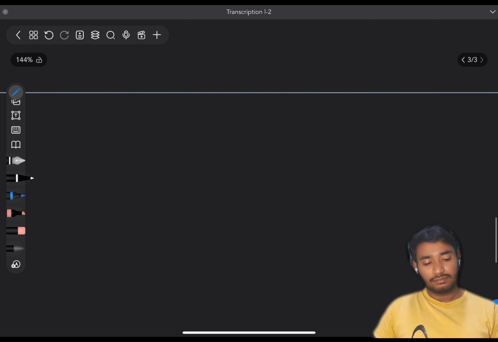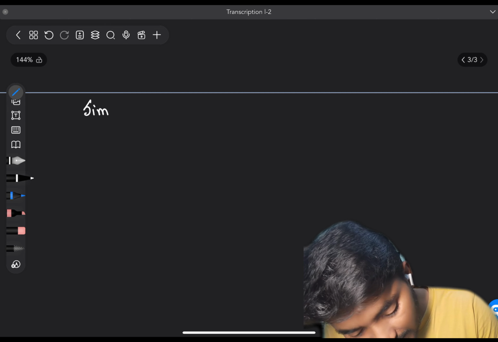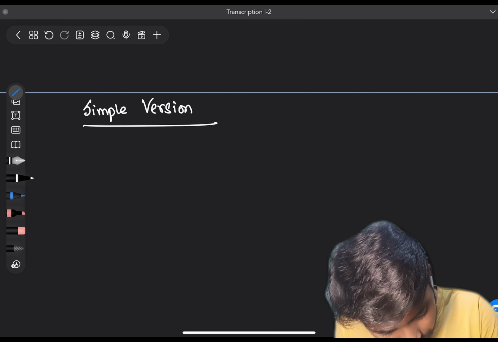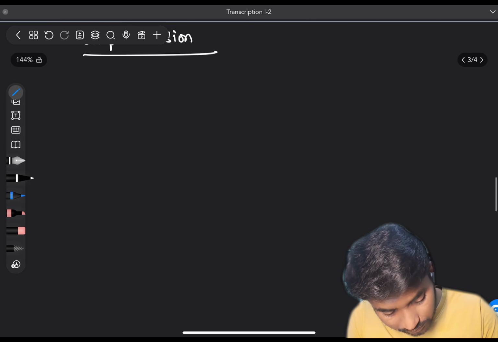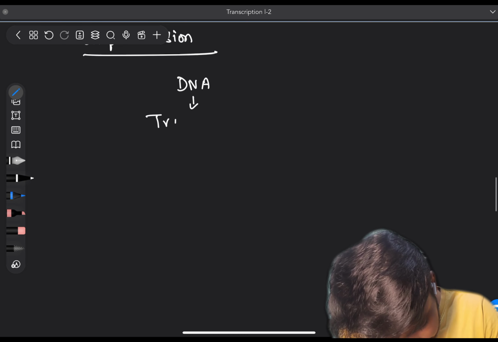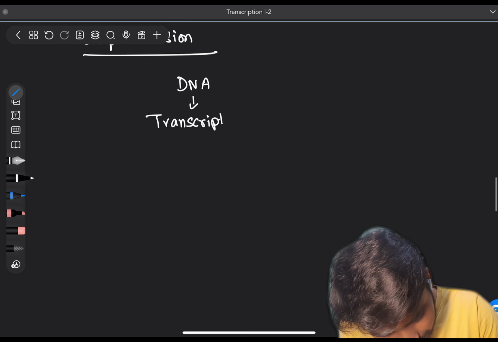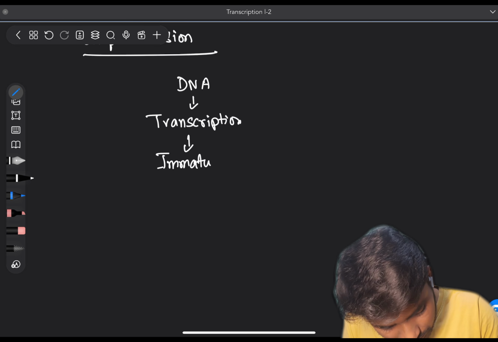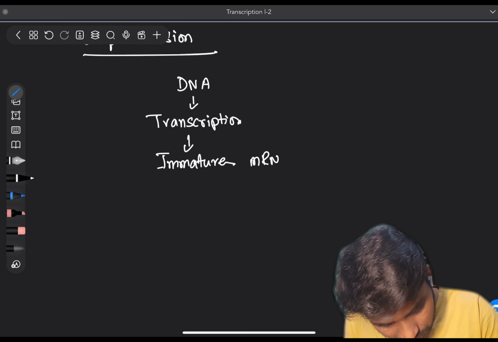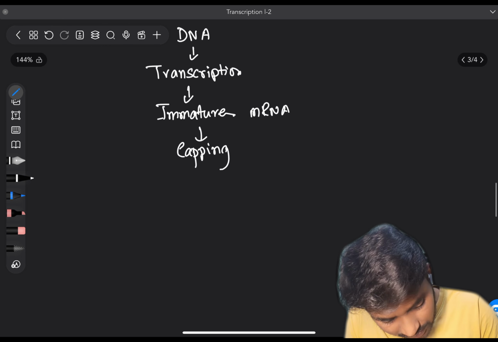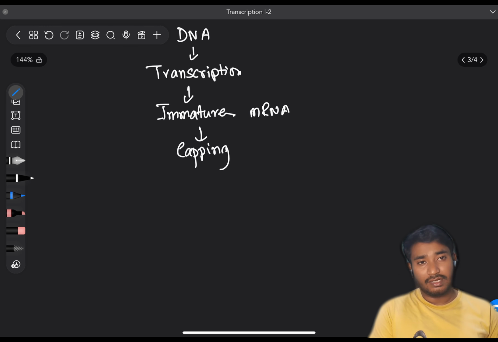Now come to the next part. That was the complex version that I have already explained. Now the simple version: DNA transcription. After transcription, immature mRNA forms, and then capping. These are questions asked in sequence in the NEET exam, the sequence of DNA transcription.